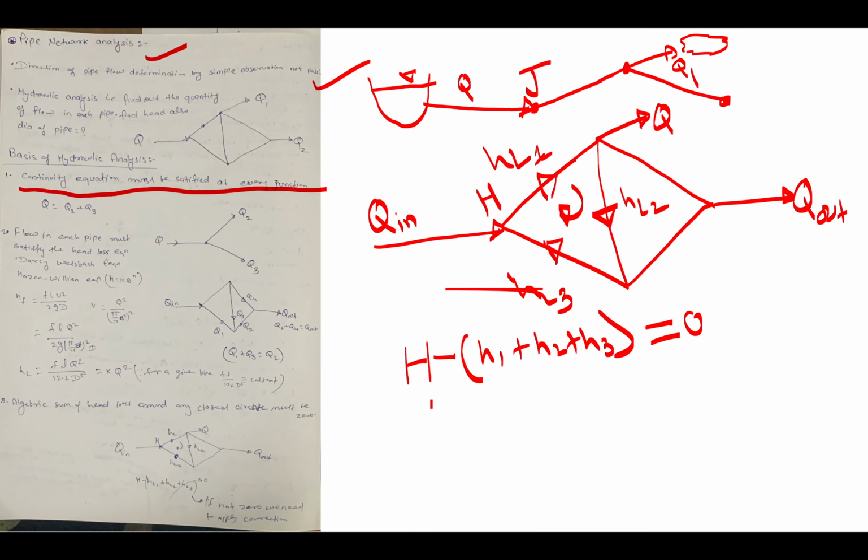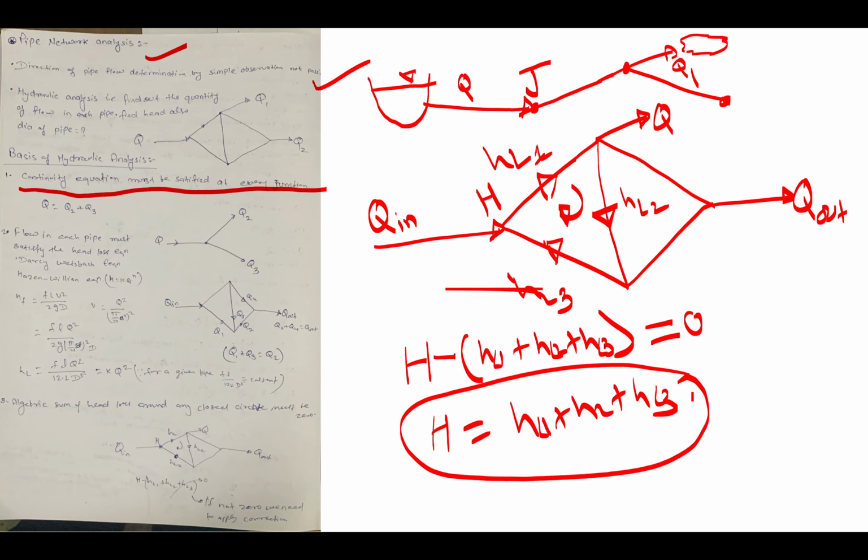Zero means what? Zero means your H is equal to H1 plus H2 plus H3, HL1 HL2. If it is not zero, then you cannot equalize these two things. So if it is not equal, you need to apply some correction to equalize.